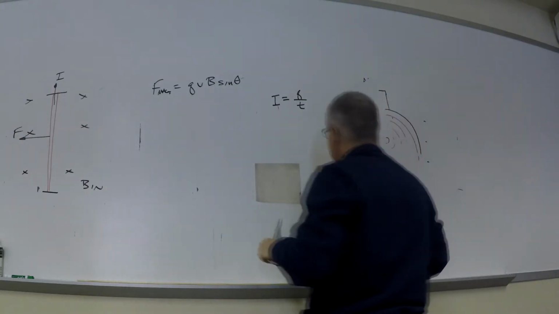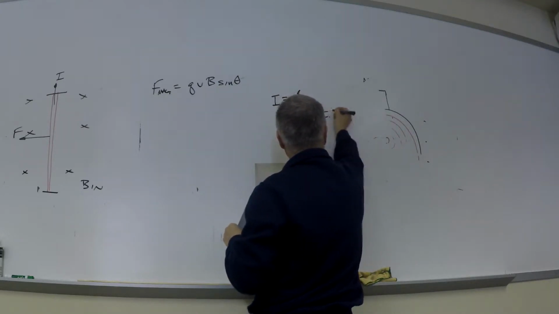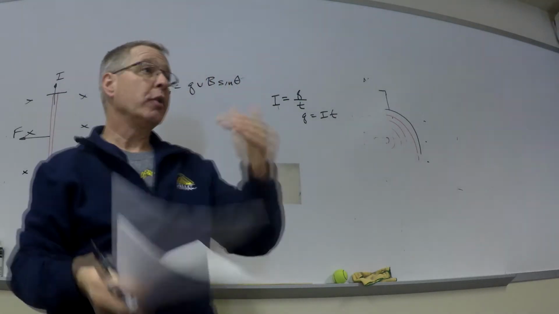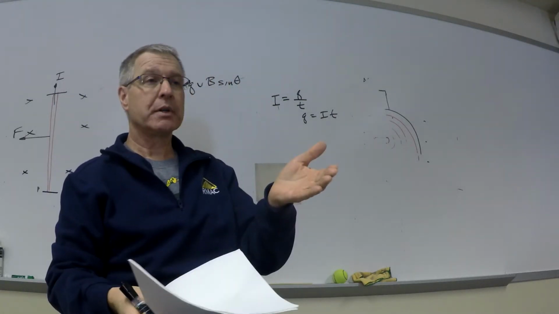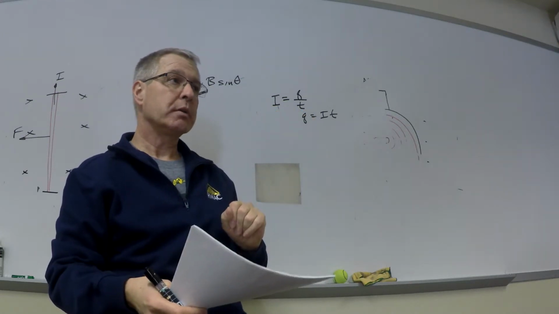Or, let's rearrange that. The amount of charge that we have is just the current that you have flowing times the time that you're going to count that. That's your grand total charge you've got due to some current.